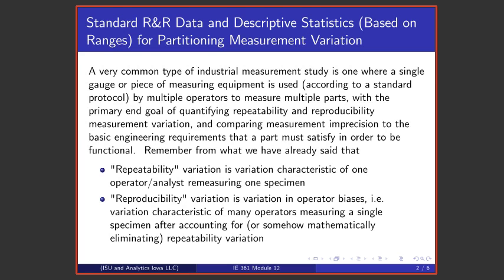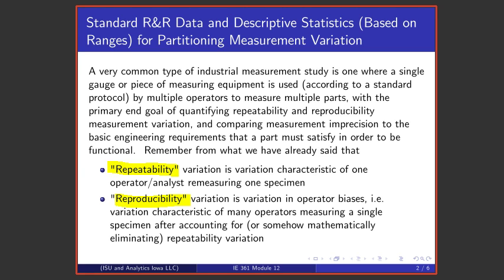The standard jargon is gauge R&R, and gauge R&R studies are a very important industrial tool, a very important industrial activity, and as I say, they are used to separate repeatability and reproducibility variation with the end of guiding how to improve measurement precision.